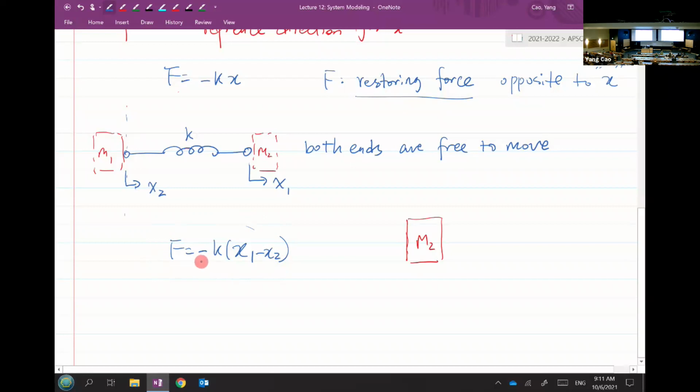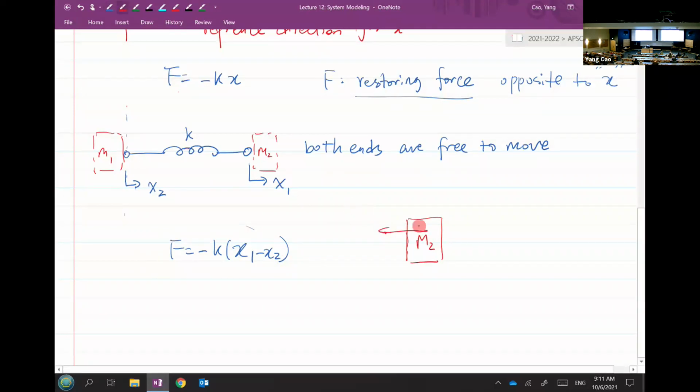Then what direction is this restoring force? With the negative sign, if x1 goes this way, then F goes which way? The opposite. So for M2 here, which feels this restoring force, you just draw this F here.